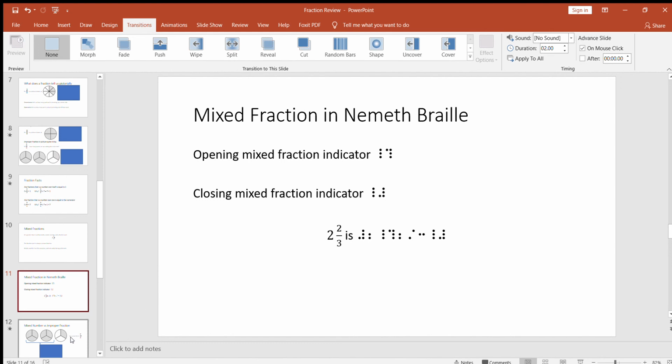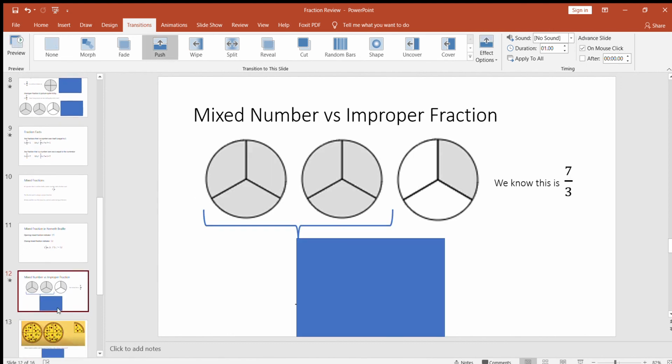Now moving on, let's talk about the relationship between mixed numbers and improper fractions. Going back 3 slides ago, we talked about improper fractions in pictures, if you recall. So the picture has, again, 3 circles, each divided into 3 slices, and we shaded 7 slices.